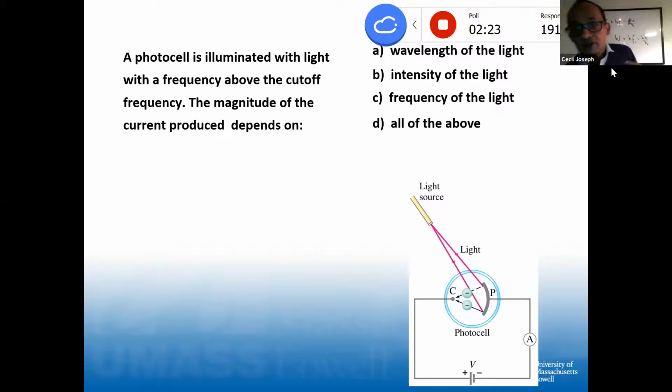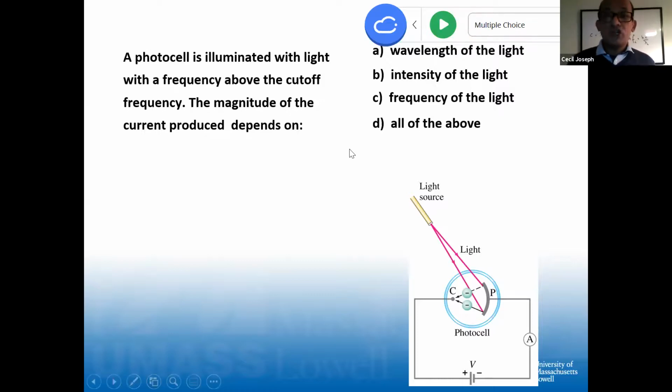Current is not how fast charge is moving. Current is how much charge is moving, what quantity of charge is moving per unit time. Okay. Very good. Intensity, right? That's the way you increase the number of electrons being emitted. Okay, good.